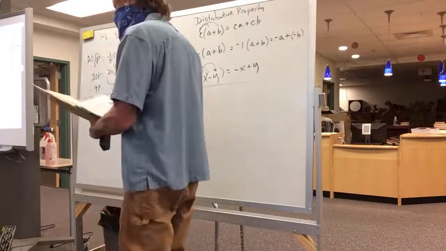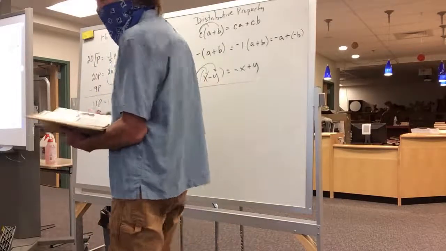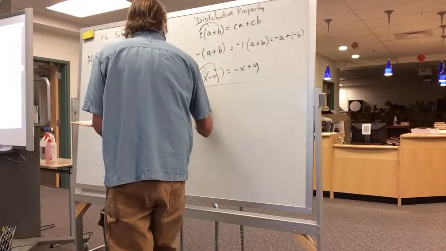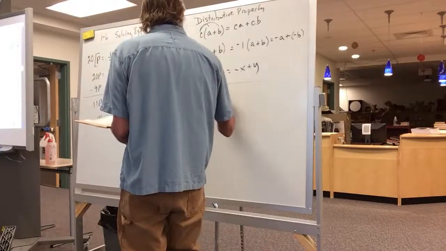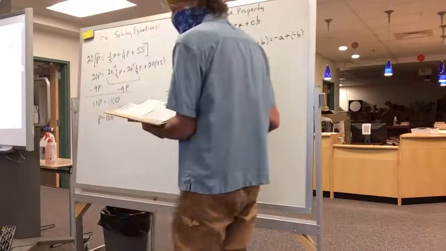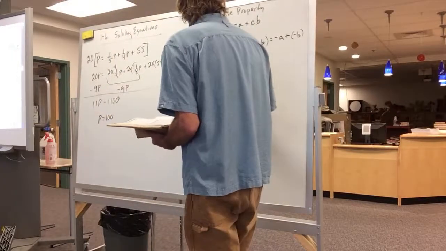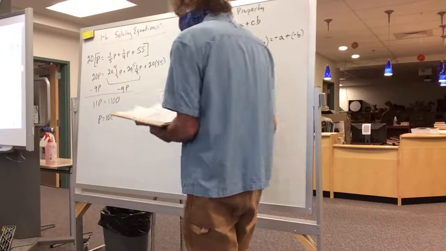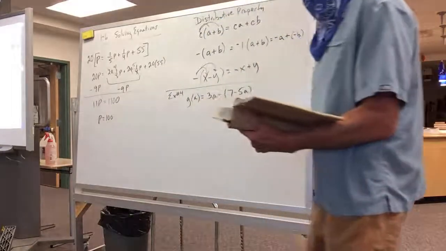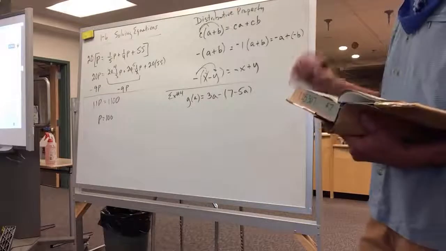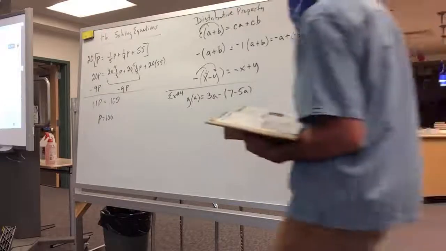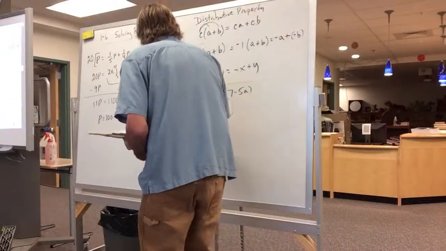So in example 4, they give function g of a. And g of a is equal to 3a minus, and we read this, the quantity of 7 subtract 5a. And then they ask for what value of a is g of a equal to 12.